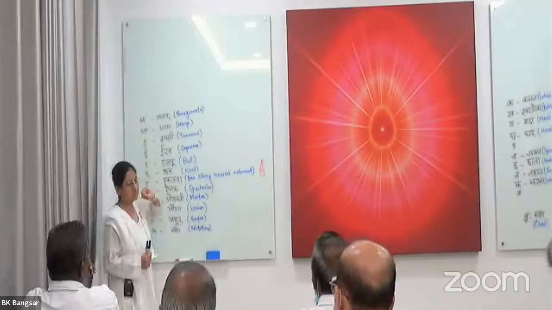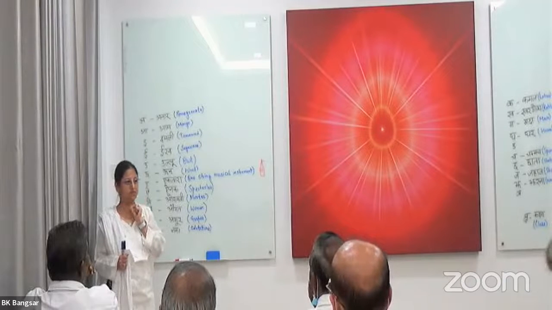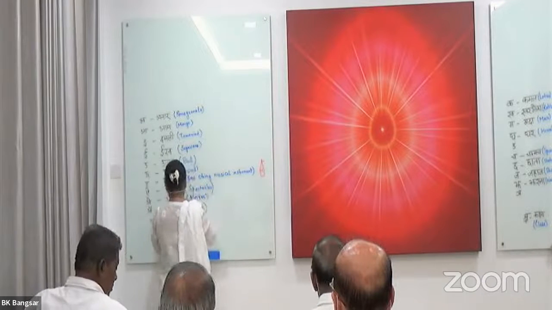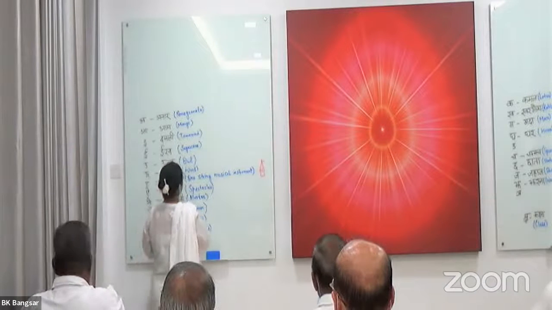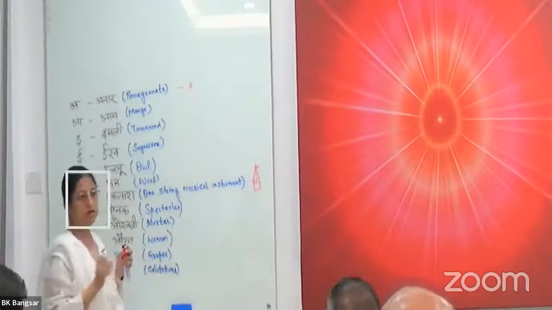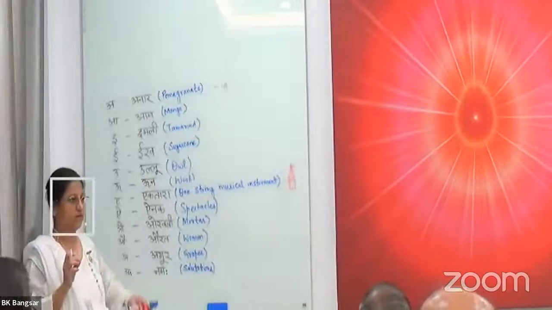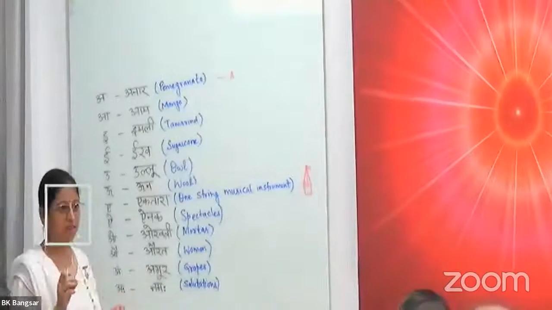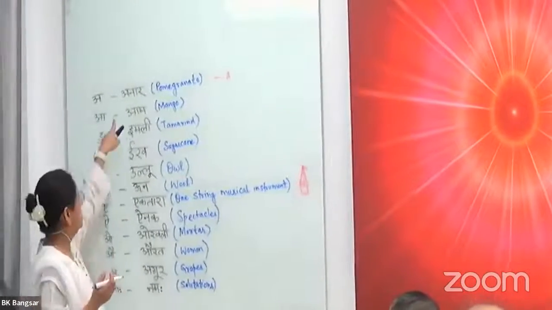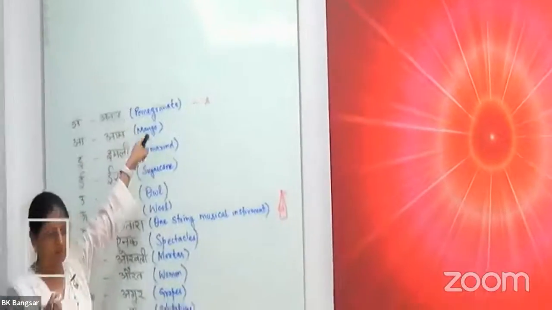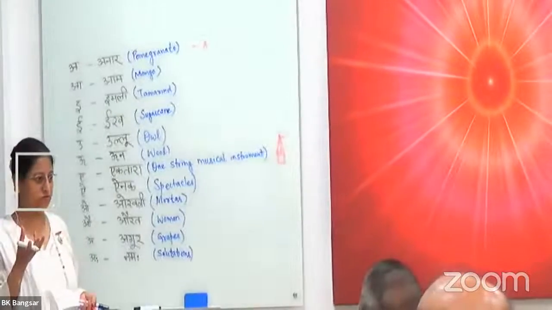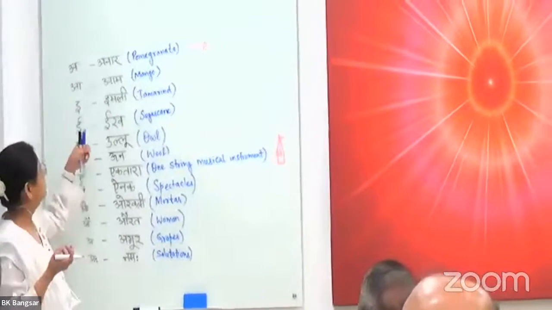The first is phonetically pronounced, right? An example of how it is used: Anar. Anar means pomegranate. It's a fruit, right?